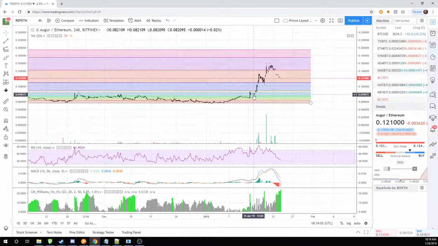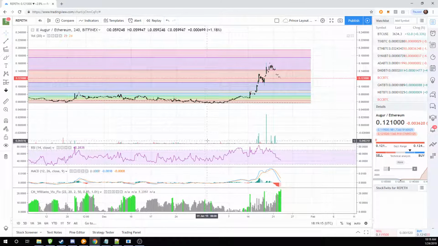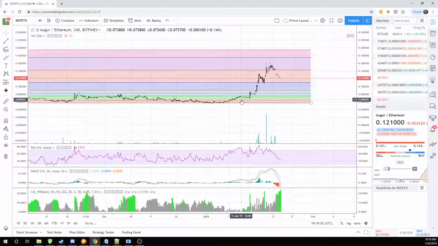I know of no good way to time the market and get it correct. That being the case, the only way I know how to make money is time in the market. It's not timing the market, it's time in the market, because it needs to do this for you to make your money. You need to be buying down here if you're going to be making your money up here.